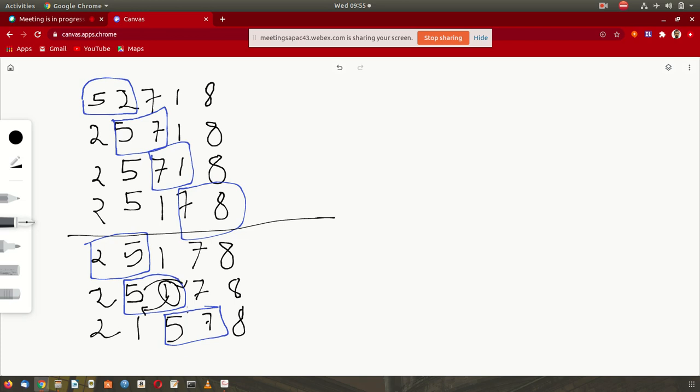That is why 5 appears here, and 1 has come here. From here 1 has come to here, because 1 is the smaller number inside this blue box. So this time 5 and 7, what will happen? It remains as it is, 2, 1, 5 is already the smaller number, 5, 1, 7, 8.